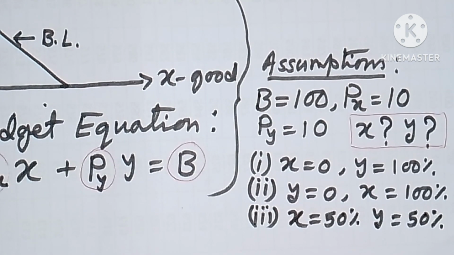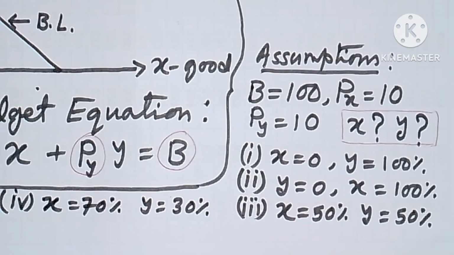The third situation is that he can spend 50% of his income on X good and 50% of his income or budget on Y good. That is, he can purchase 5 units of X good and 5 units of Y good. Both are equally purchased and he exhausts his total budget.